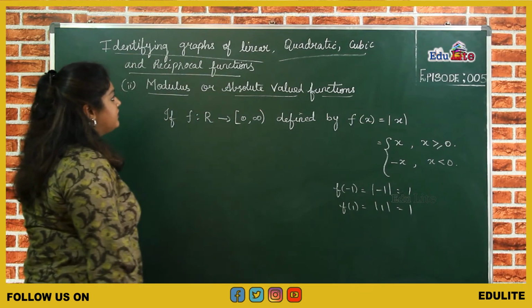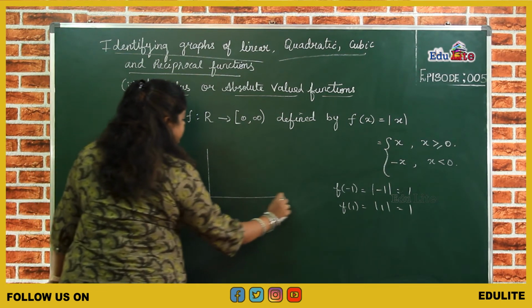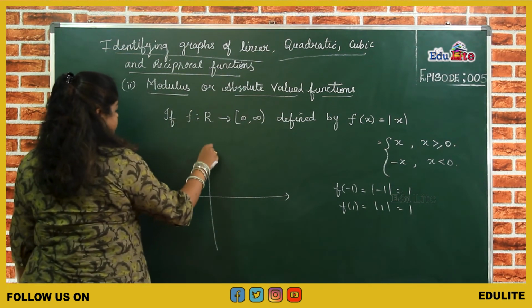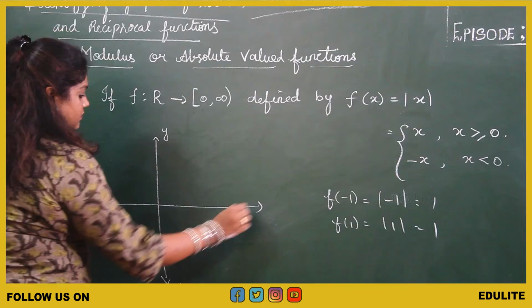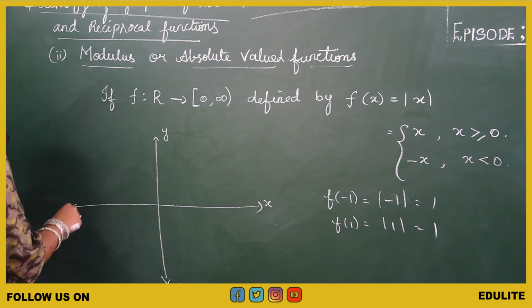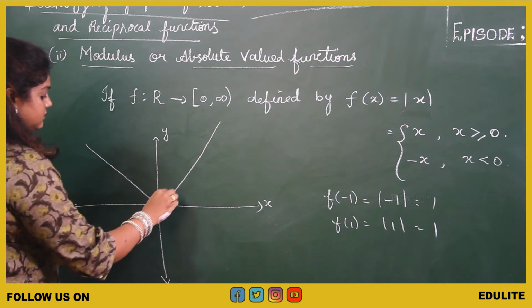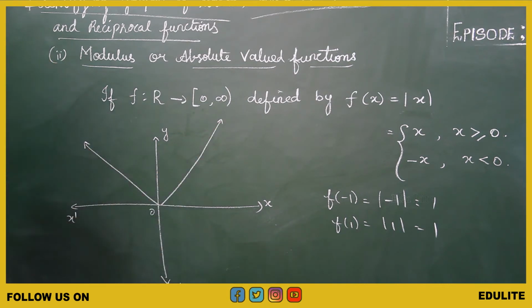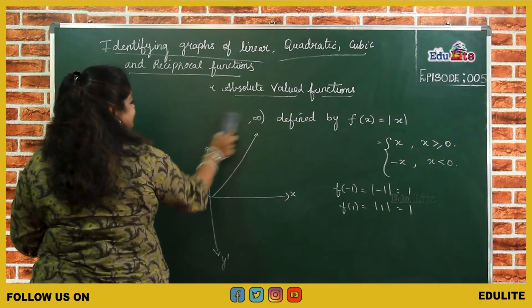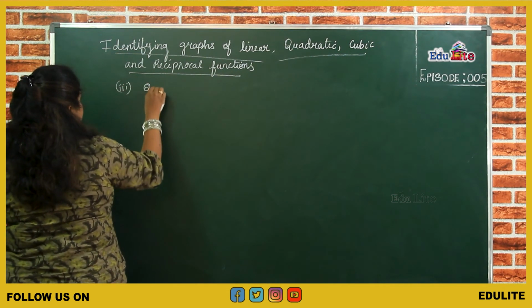And the graph for a modulus function is represented as follows. If we have such a graph, we call it a modulus or absolute valued function.